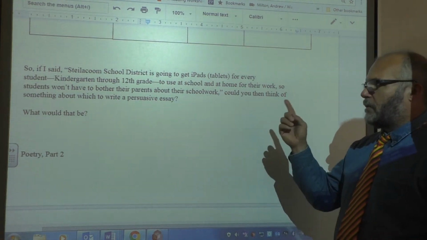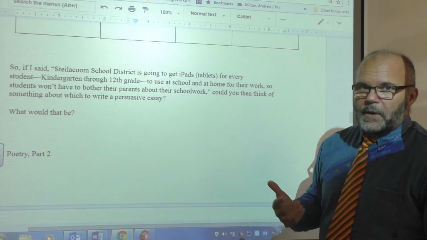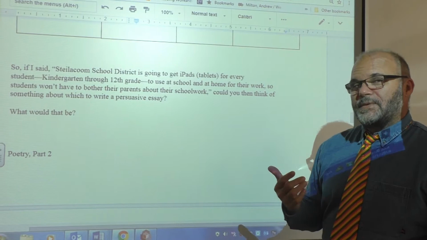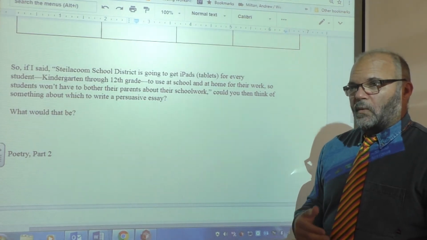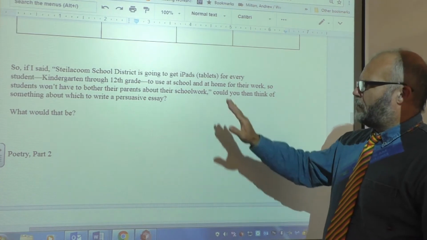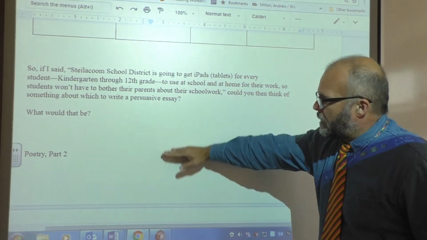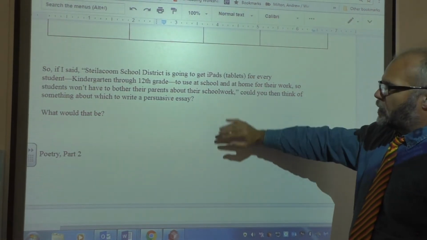And if you think back to our family stories, there's some things you might be able to argue about that. I'm not asking you to agree with it necessarily, but what could you say based on having read the Family Stories article and the idea of bothering your parents with your work? So write that right here, and then what would that be, that persuasive point?